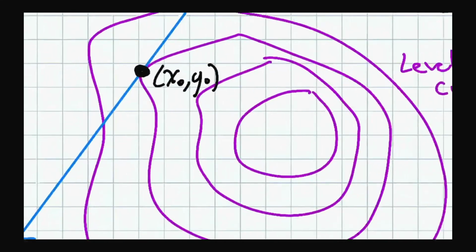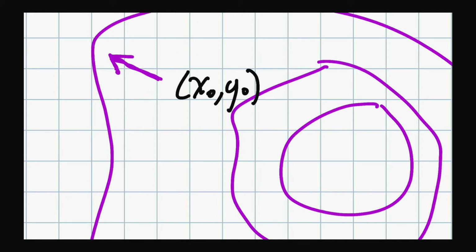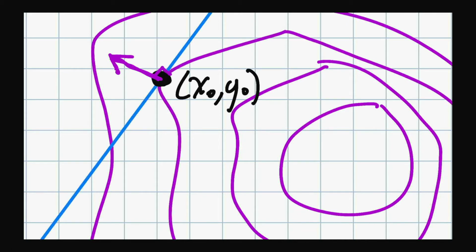So what that means is that if you come over here, the gradient of the function f points out like that, 90 degrees away. So this is 90 degrees to that purple curve. Okay, so that's your gradient f, pointing like that away from the level curve.